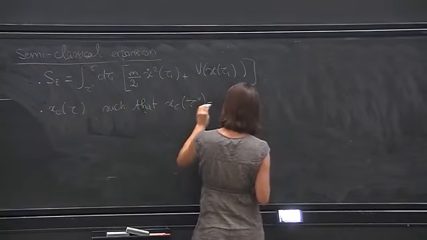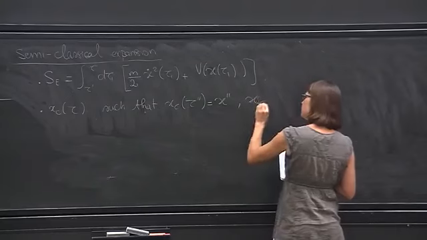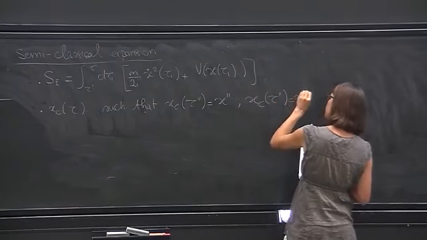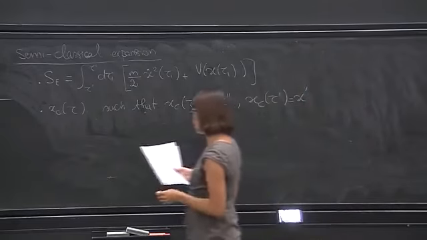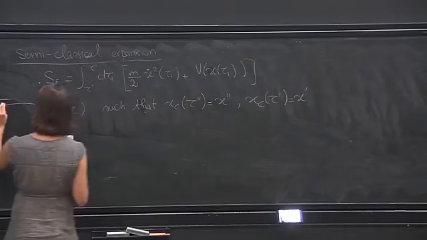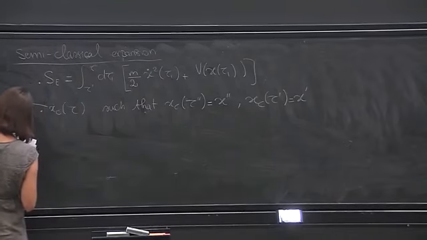Okay, so at tau double prime, I want this to be x double prime. And by definition, of course, this is the solution of this equation. Okay.